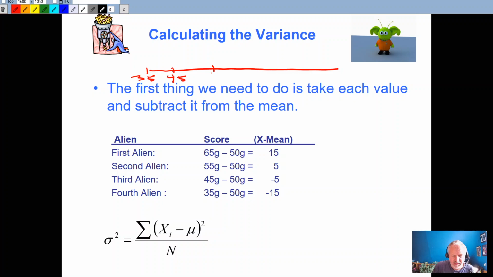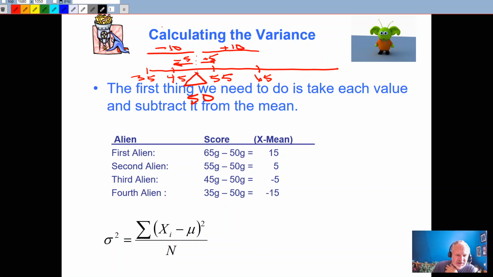And my mean, the balance point, is 50. So this value here is minus 5, and this value here is minus 10 from the mean. On the other side, 55 is plus 5 from the mean, and 65 is plus 10. Now the 50 serves as that balance point. So on the negative side, if I sum them up, it sums up to minus 15.